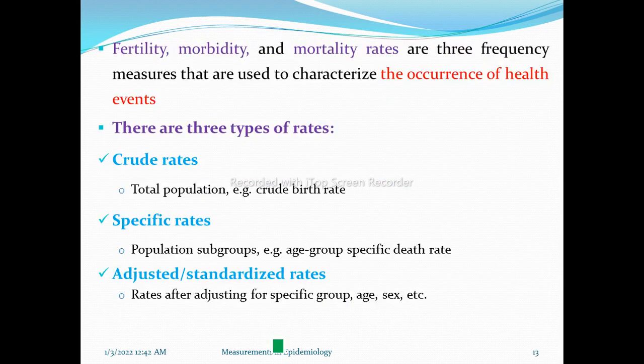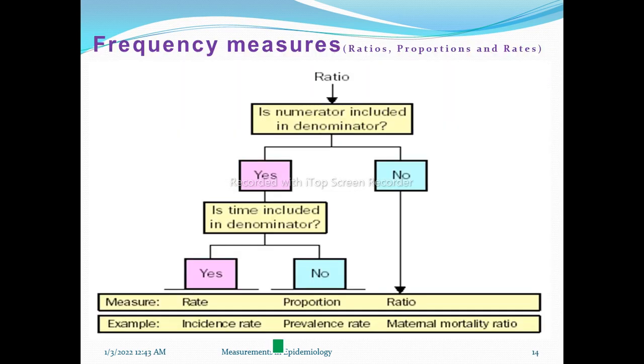When it comes to the three frequency measures, rate, ratio and proportion, let us compare them. Is the numerator included in the denominator? If the numerator is not included in the denominator, it is a ratio.